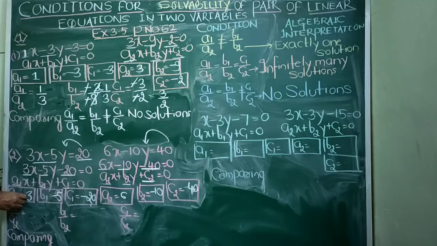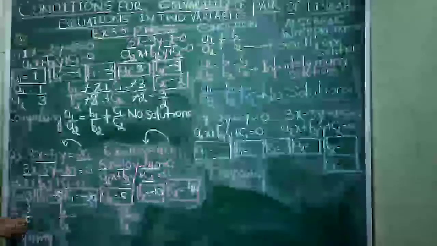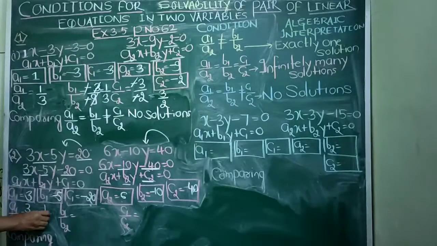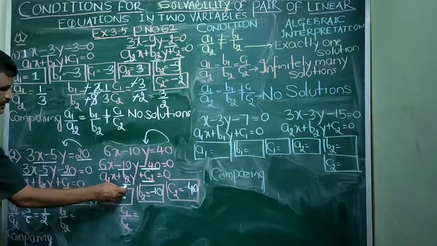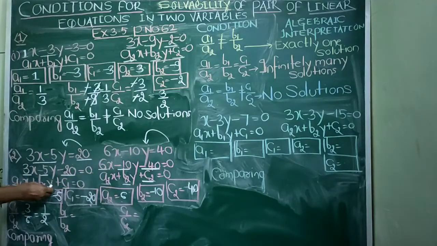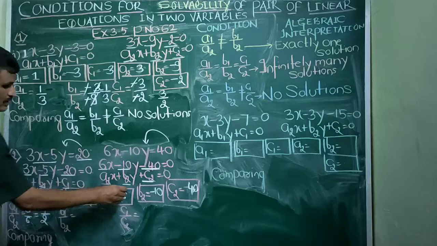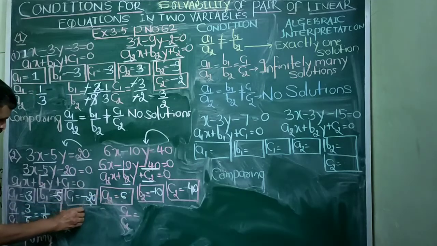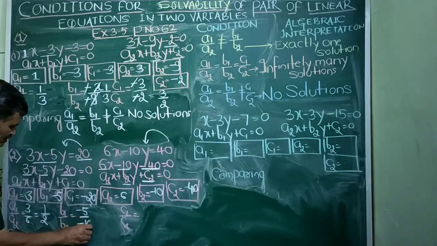A1 by A2 means 3 by 6, that means it is 1 by 2. The ratio of 3 and 6 is 1 by 2. B1 by B2: B1 is -5, B2 is -10, so -5 divided by -10.